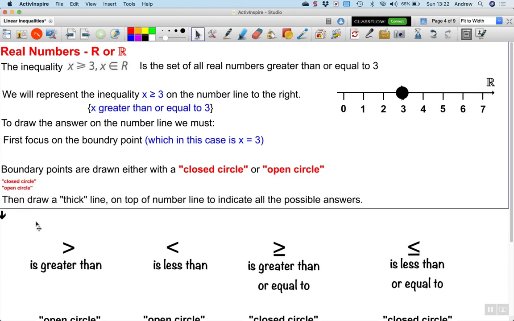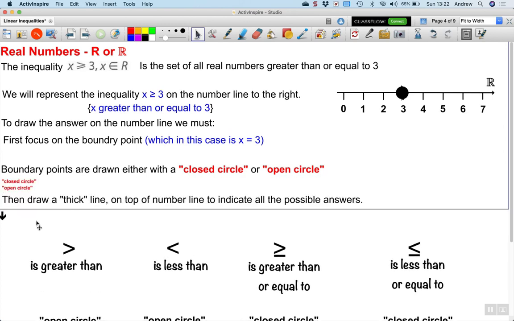Now at this point, we need to get very clear in our heads what we mean by a closed circle. We've got two different types of boundary markers: the closed circle, which we just put up in the diagram, and an open circle. A closed circle is a circle that's filled in. An open circle is a circle where it's not filled in.